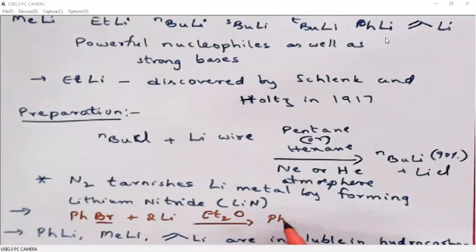We will get phenyl lithium plus lithium bromide. So whenever we want alkyl lithium reagents, it is better to use bromoalkanes so that they can be easily prepared.